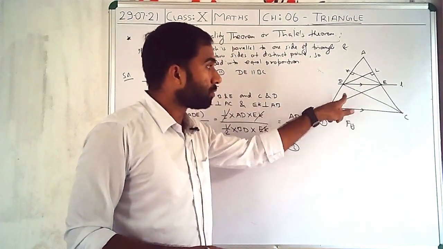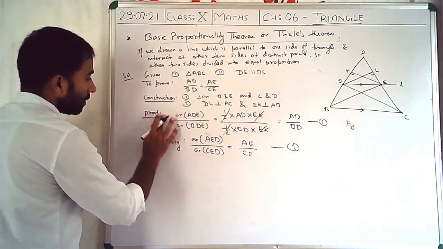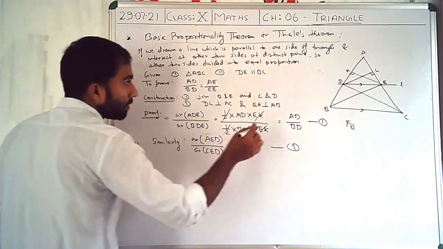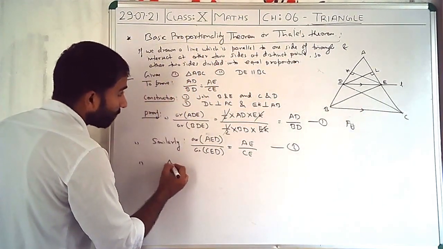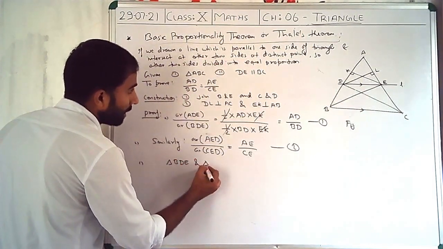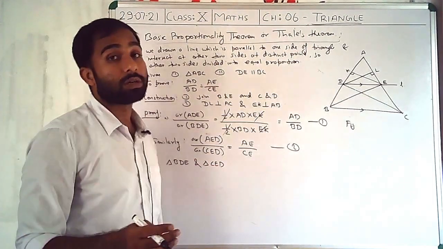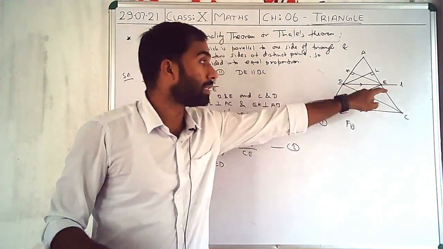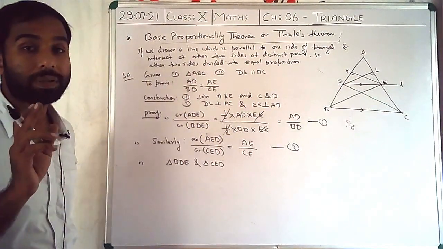Now observe these two triangles in the third part. Okay, A, B, C. If you observe these two triangles, triangle BDE and triangle CED. Okay, you can write here, because you have learned in class 9, if two triangles have the same base and lie between the same parallels, then the areas of both triangles will be equal.